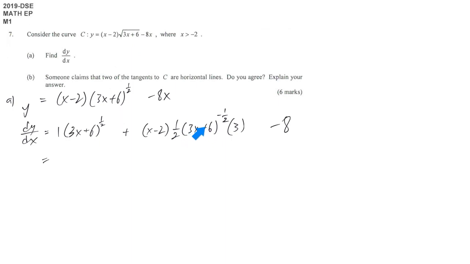Finally, there is a common factor, (3x + 6) to the power of -1/2. We always extract the common factor by choosing the lowest power. So if we extract the common factor, we extract (3x + 6)^(-1/2). The first term, (3x + 6) to the power of 1, will be left. And then the second term, we have 3/2 times (x - 2), and then (3x + 6) is extracted.